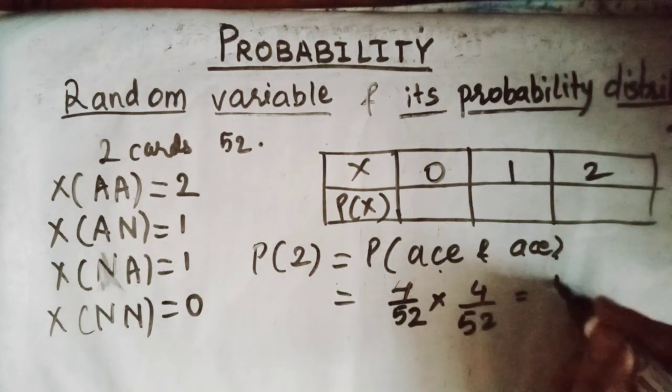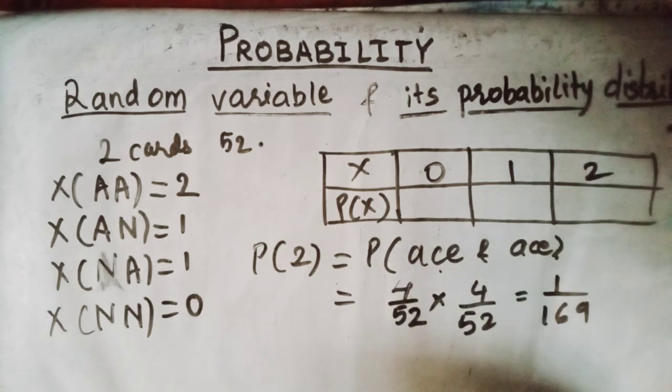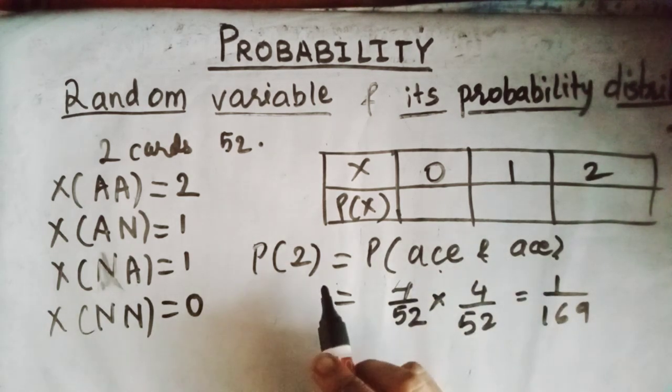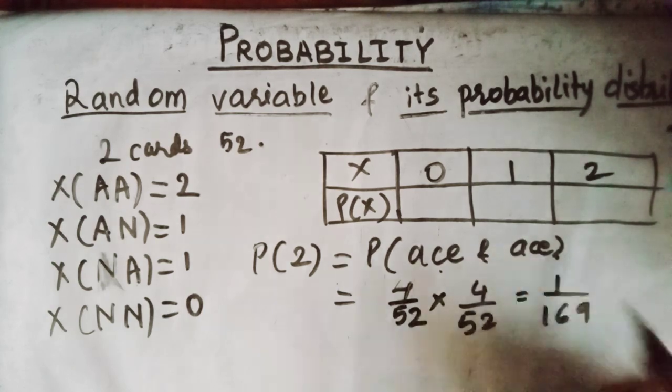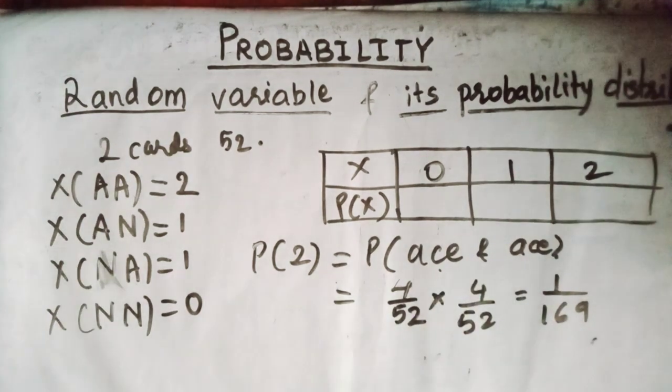So it comes to 1 upon 169 for each, and the product is 16 upon 169 divided appropriately. So this is ace and ace.